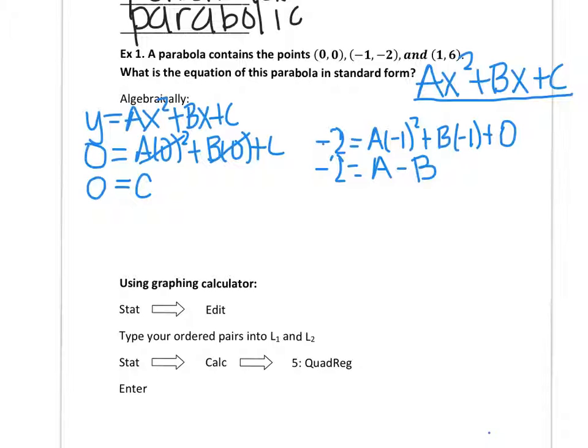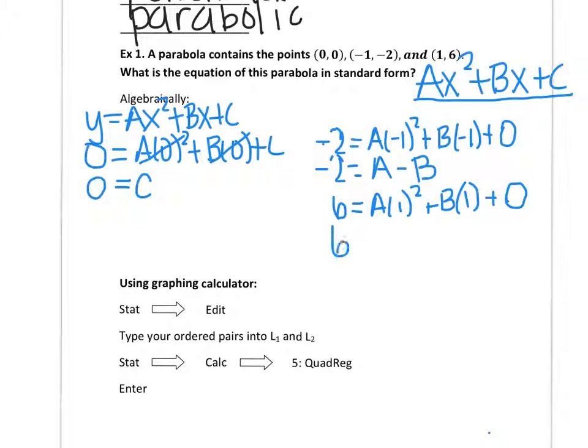Now I'm going to do my third one. So I'm going to take (1, 6) and put it in. And then again, same thing. I know C is 0, so I'm going to go ahead and put in the 0.